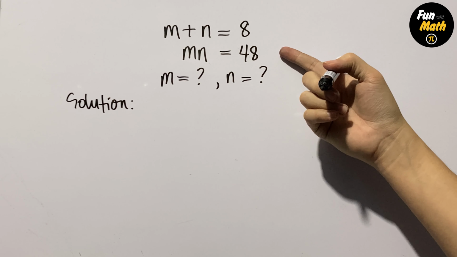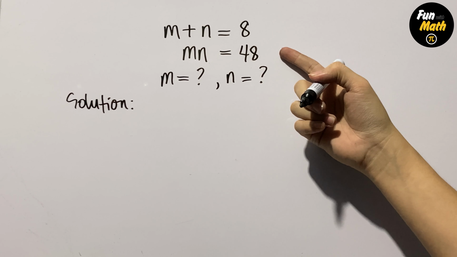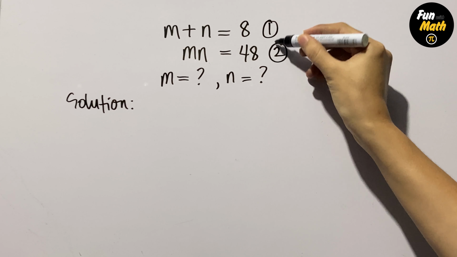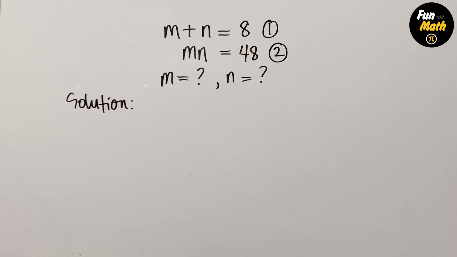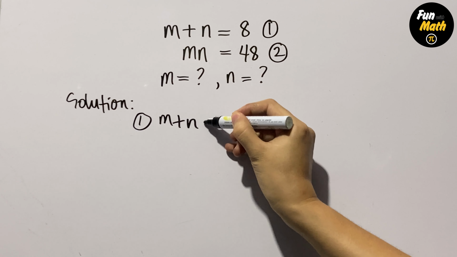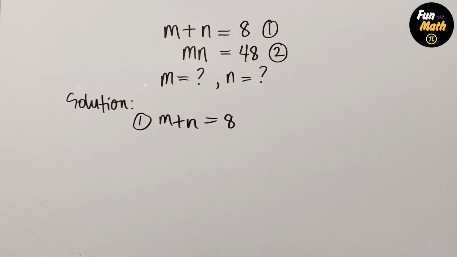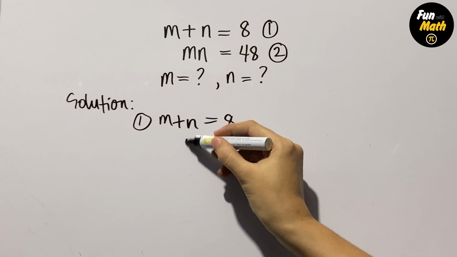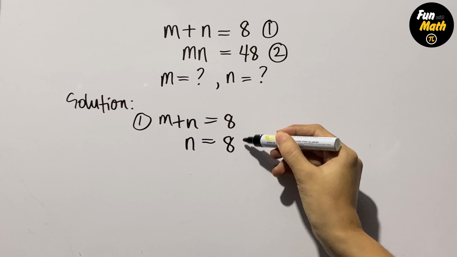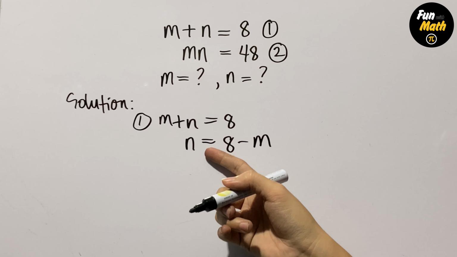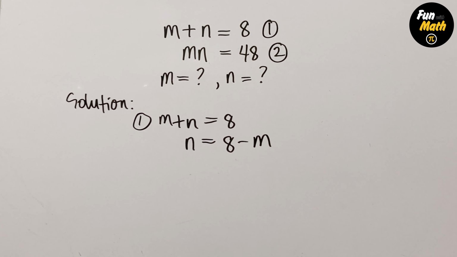For these two equations, let us consider that this is the first equation and this is the second equation. For the first equation, m plus n is equal to 8, we can take m to the other side so that n is equal to 8 minus m.